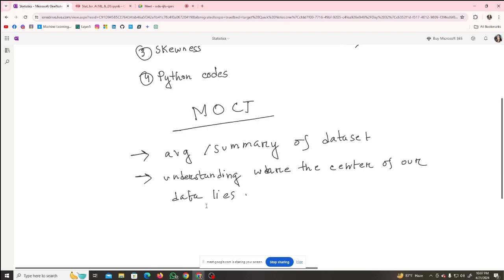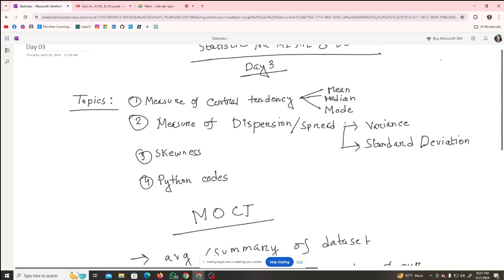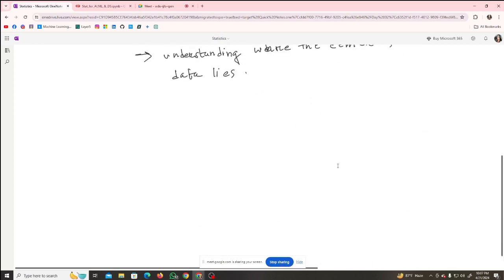Alright, so in measure of central tendency, we have three kinds: mean, median, and mode. Okay, let me cover one by one.